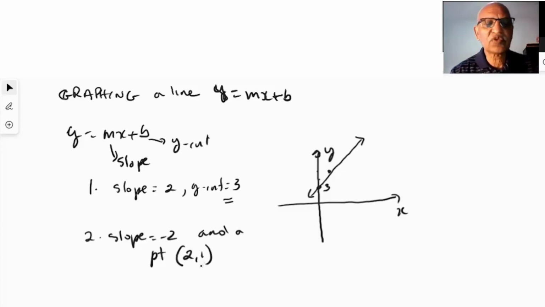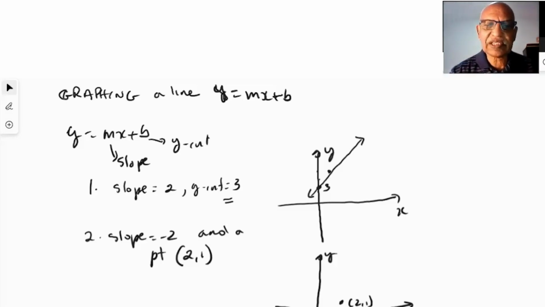If the line passes through the point 2, 1 and the slope of the line is negative 2, I start always on the line, on the point. So this is what it is. We have y and x. I start at 2, 1, 1, 2, and then up 1 here. This is 2, 1.